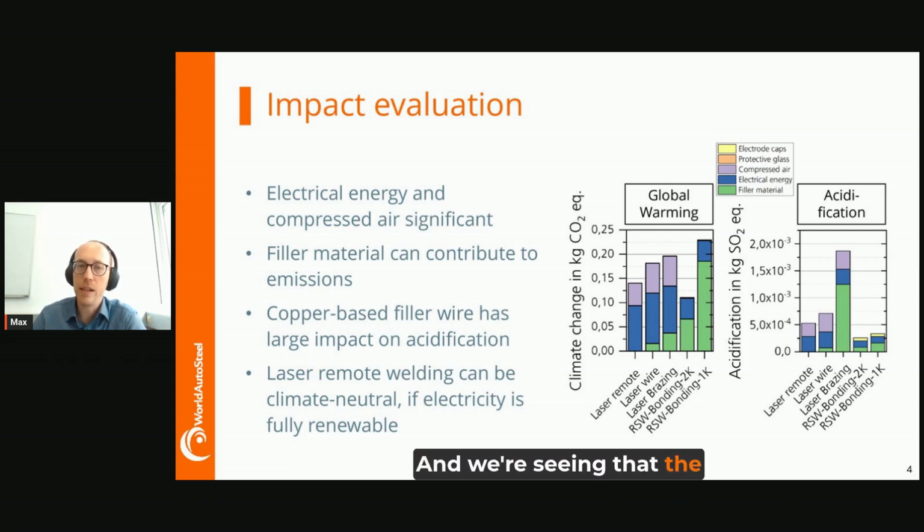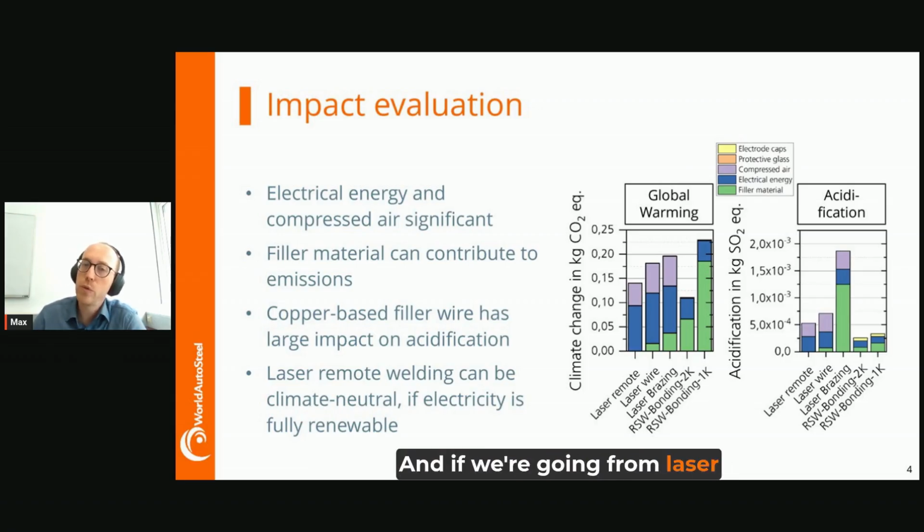And we're seeing that the largest contribution is electrical energy for the system. And then there's also a large contribution by compressed air to shield the optics of the laser systems. But this is also produced by electrical energy.